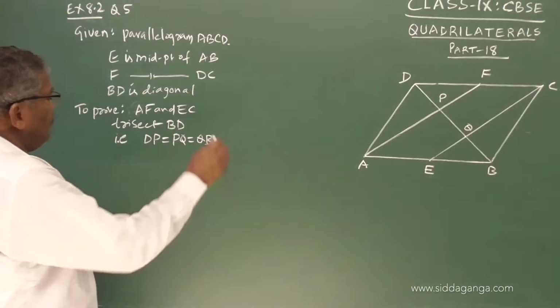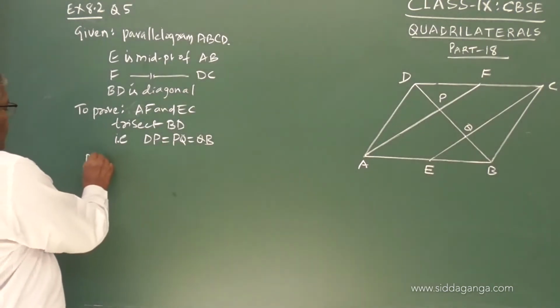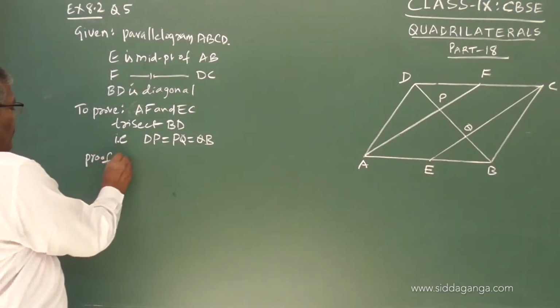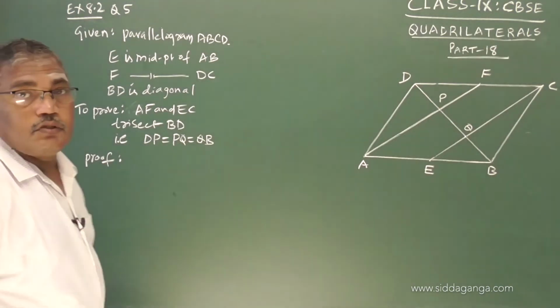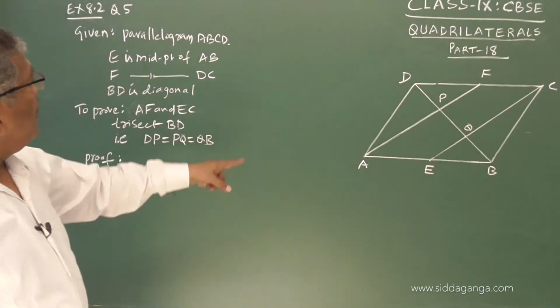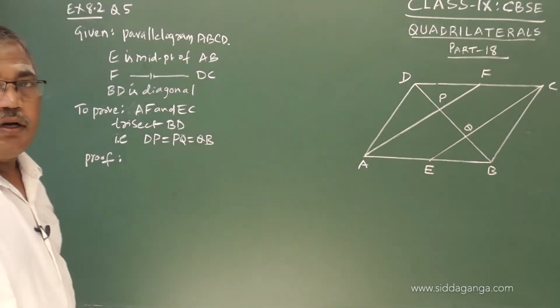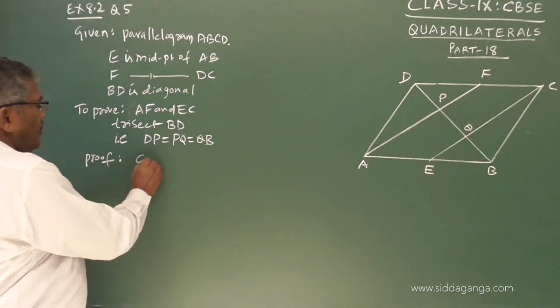Now, proof. Given ABCD is a parallelogram.